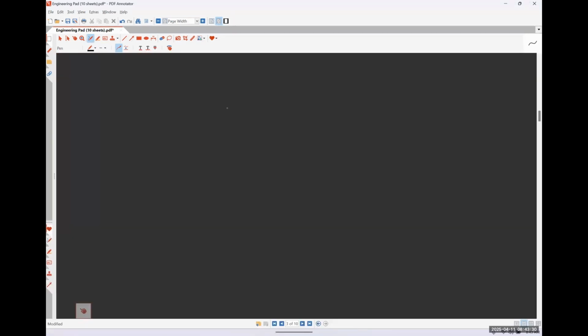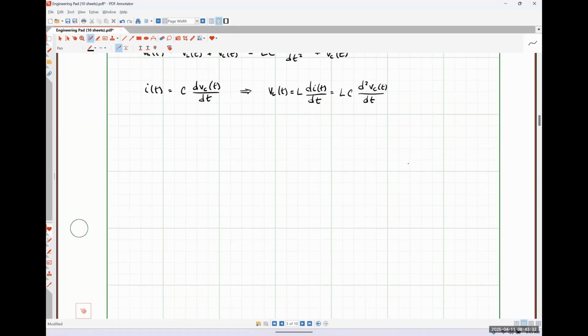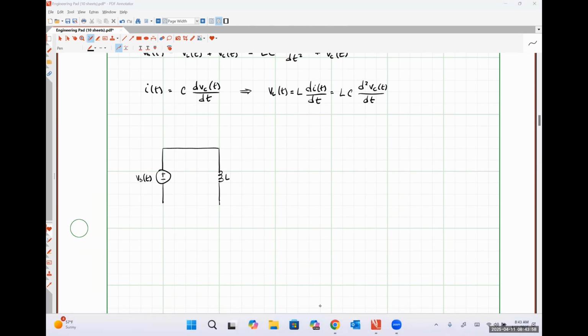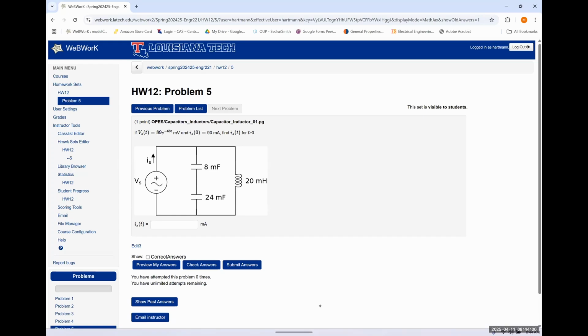So I'm going to modify it slightly. We've got some source voltage Vs of t, which if memory serves me correctly is a known quantity. I have some equivalent inductance, which I'm just going to call L. Actually, let me look at that real quick. It was the capacitor there, but it doesn't matter.